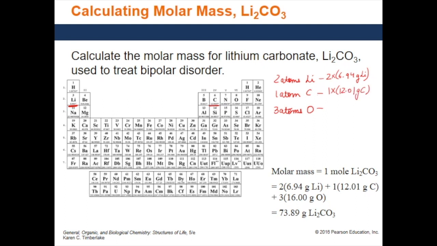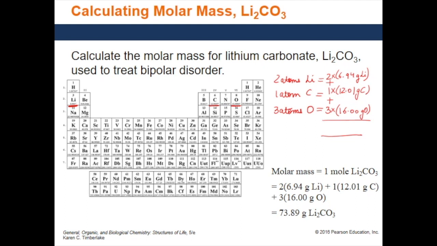We'll add that up. And lastly we have 3 atoms of oxygen. 1 atom weighs around 16.00. Always round the number to 2 decimal places from your periodic table. And we have 3 atoms, so 3 times 16.00 grams of oxygen. You add it all together and that would give you the final molar mass of lithium carbonate.